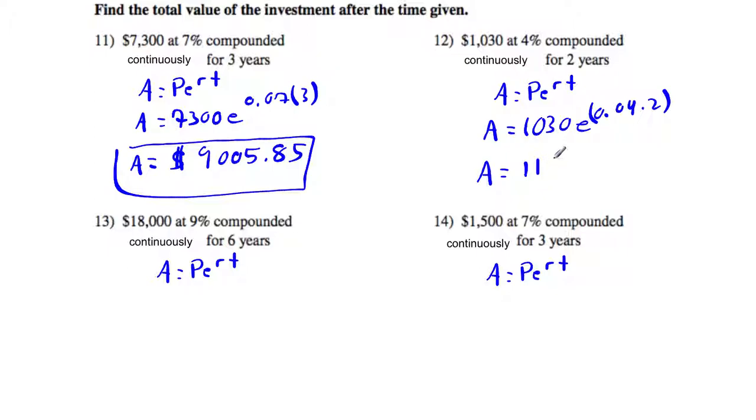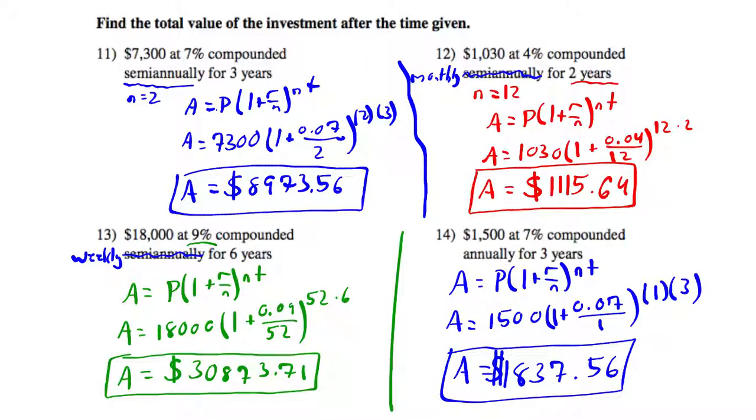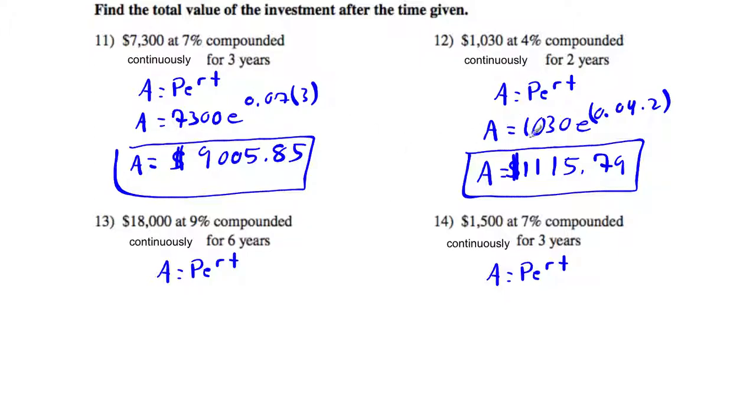And this is going to be $1,015.79. So actually, that's pretty close to what we had before. We made just a few more pennies on this. So the compounding doesn't always make it a whole lot more, but it should generally be increased.